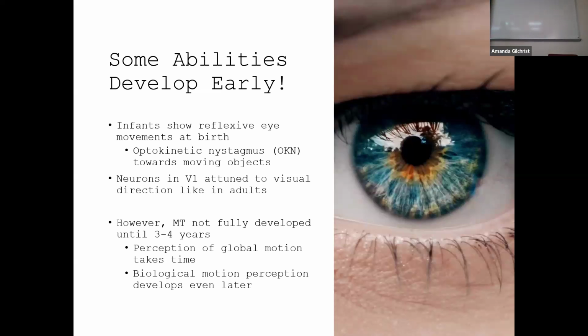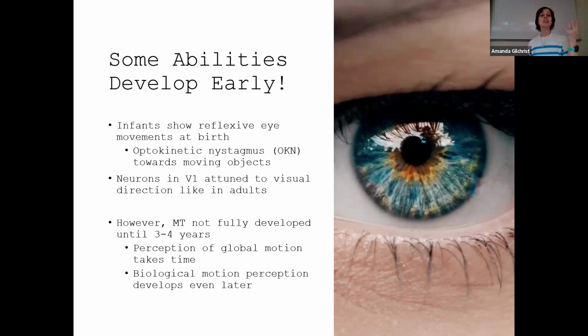MT, which we have talked about before as being really critical for motion processing, is not fully developed until about 3 to 4 years of age. And we actually find that this is especially true for perceiving global motion. Last class, we talked about the difference between overall global motion and local motion of specific features.